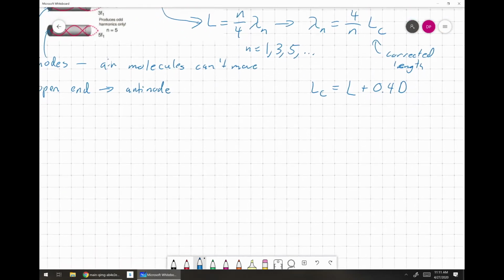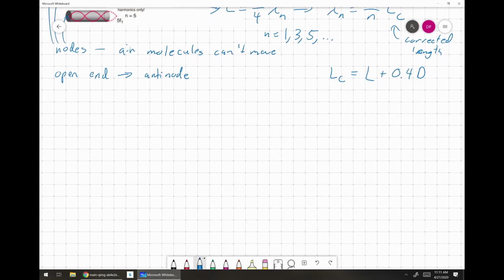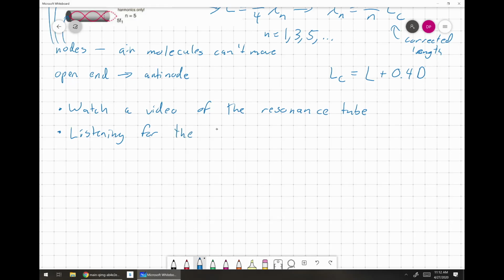Okay, so for this experiment, what you're going to do is basically watch a video of the resonance tube. And while you're watching that video, you're going to be listening for the point of resonance.